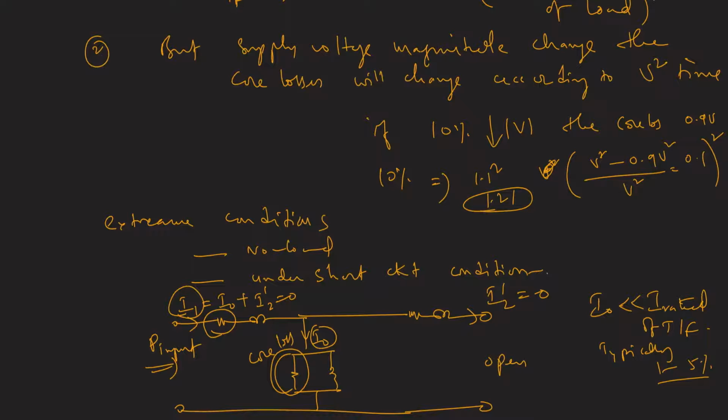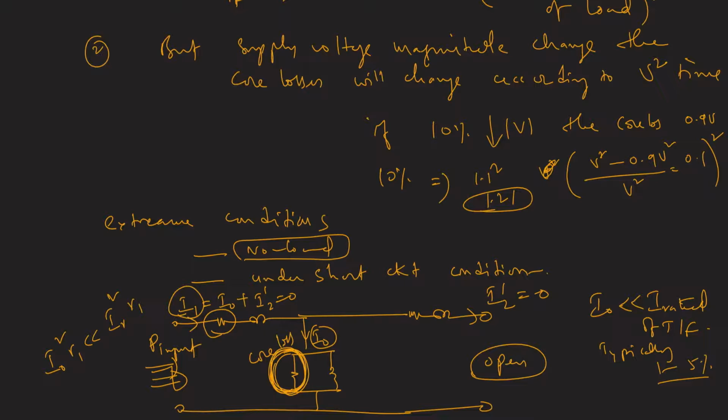Because I0 square R1 is far less than I rated square R1, the primary copper losses are neglected, and all power input into the transformer is consumed towards the core losses. So this is one thing we came to know: under open circuit, all power input into the transformer is consumed towards the core losses.